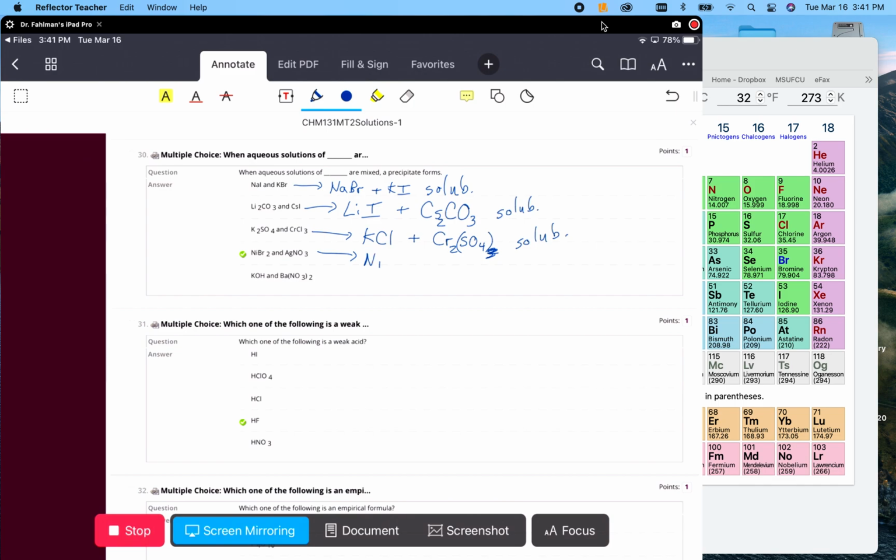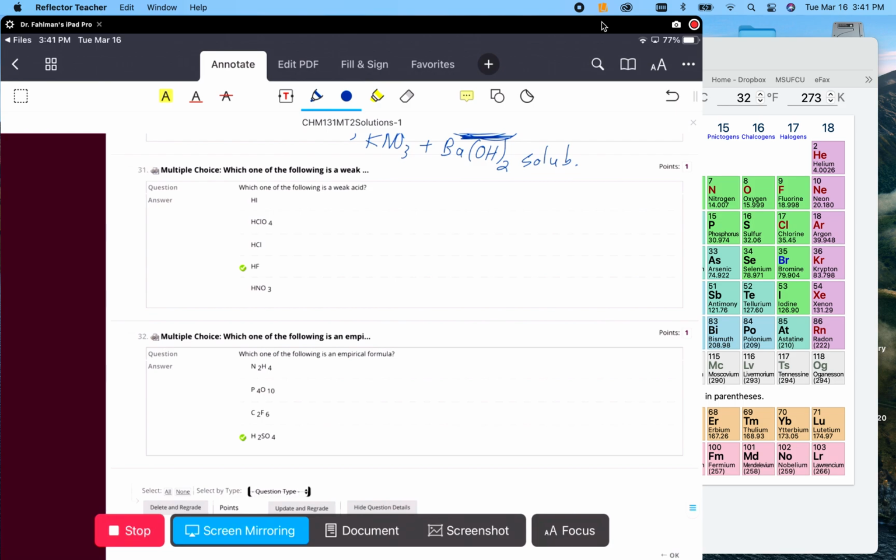This one you're going to get nickel 2 nitrate and silver bromide. So now you have one in your solubility table that says that that is going to precipitate. That's not soluble. And then this one you're going to have potassium nitrate and barium hydroxide. Again, both of those are soluble.